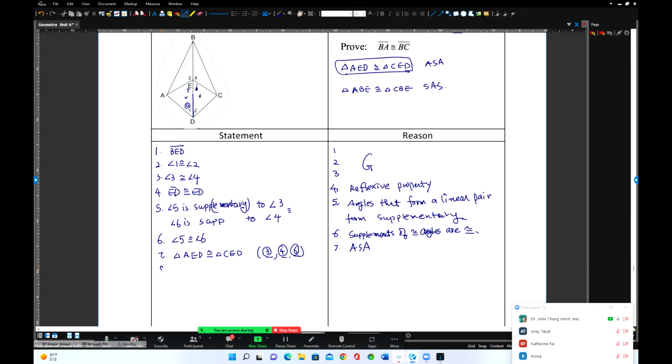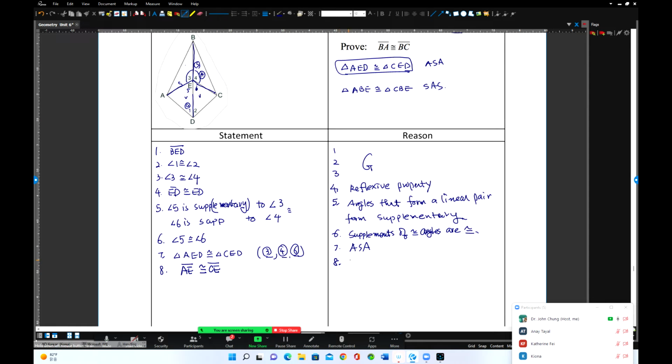Now from these two triangles being congruent, we need to find one more. Now take a look. We just finished this one. Angle 3, angle 4 is congruent. One angle. Side, angle. We need one more. This side is the corresponding side. So you can say AE segment congruent to CE.